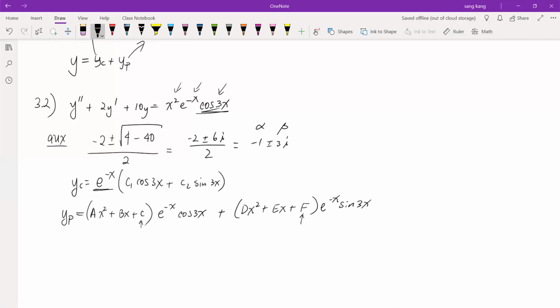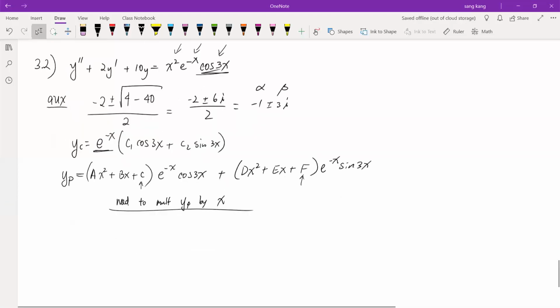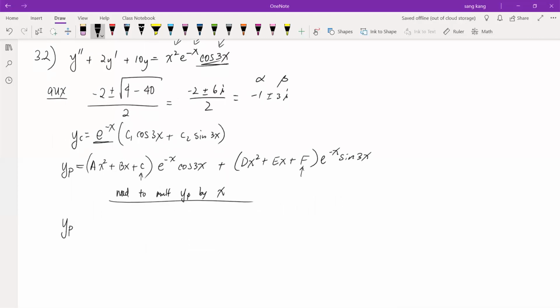So we need to multiply yp by x, and that's so that we don't have similar terms. So our new yp is going to be ax cubed plus bx squared plus cx, times e to the minus x cosine 3x, plus dx cubed plus ex squared plus fx, times e to the minus x sine 3x.